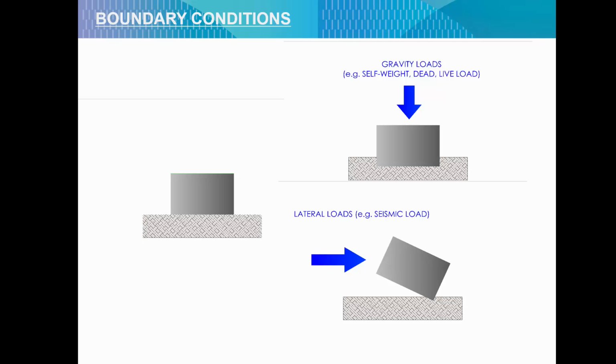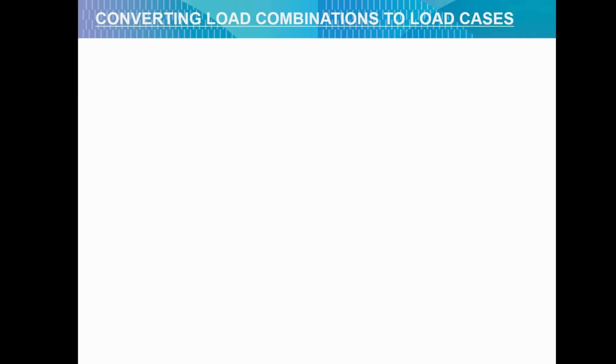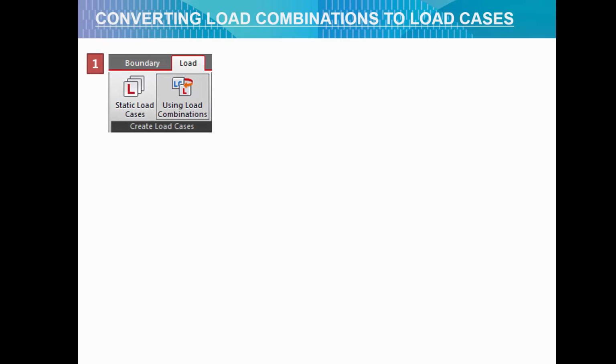They are applied to the structure at the same time. So how do we imitate this? To imitate this, we use converting load combination to load cases. In doing this, both gravity loads and lateral loads are applied to the structure at the same time. So when MIDAS Gen runs analysis, it considers that both loads are applied to the structure at the same time. How do you do this? First step, you select the using load combination.